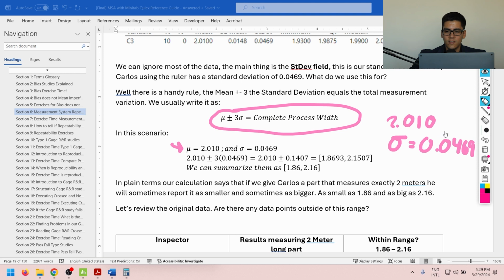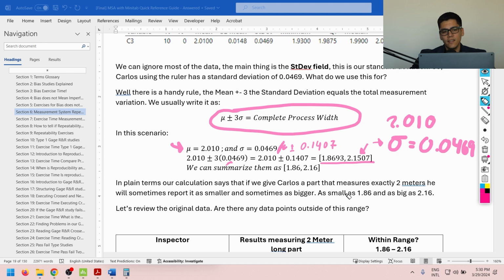Okay, I'm going to make this a little bit thinner. If I multiply this standard deviation by 3, I get 3 times 0.0469, which provides me with plus or minus 0.1407 around the mean, which is 2.010, and my overall range is this one right here.